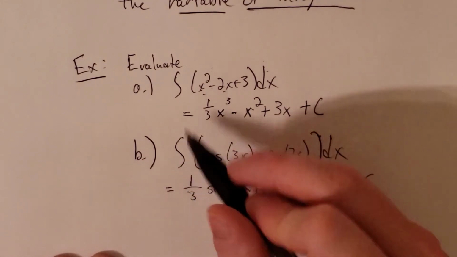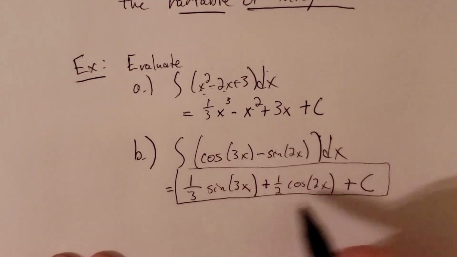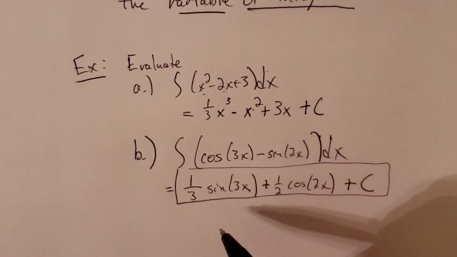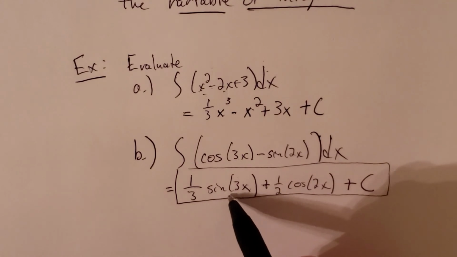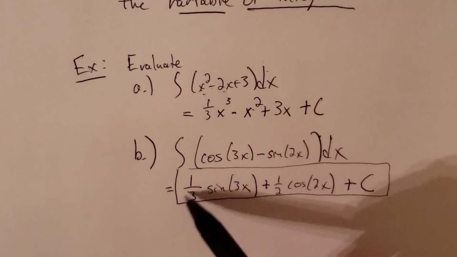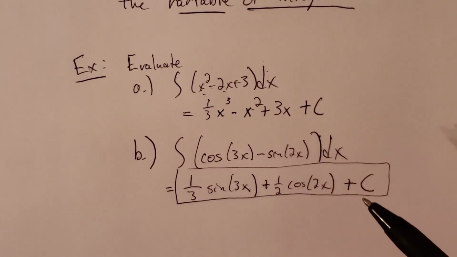Now, just to verify this, you should go through and differentiate this and make sure we get back to cosine 3x minus sine of 2x. If we take the derivative of sine of 3x, that is 3 times cosine of 3x. And then that 3 times the 1/3 cancel. So we just get left with cosine of 3x.